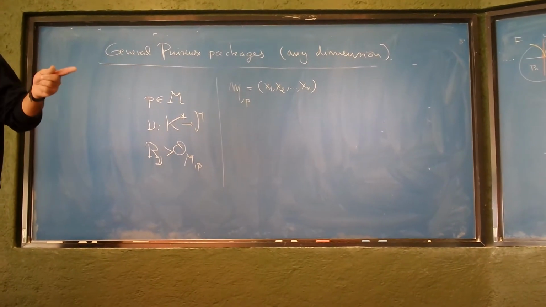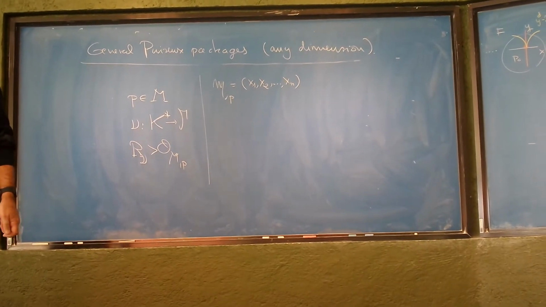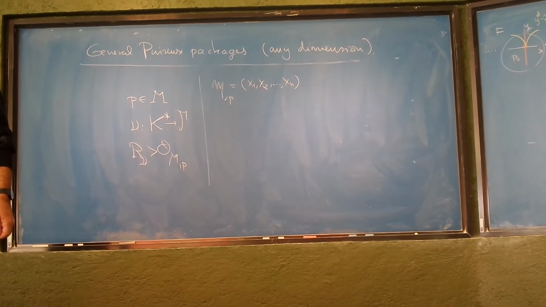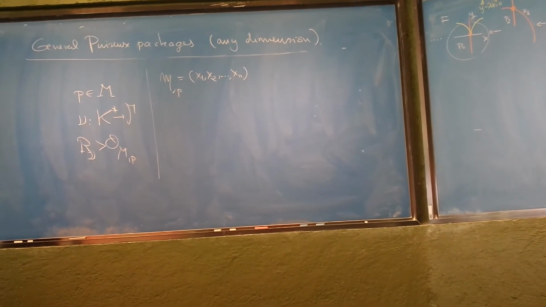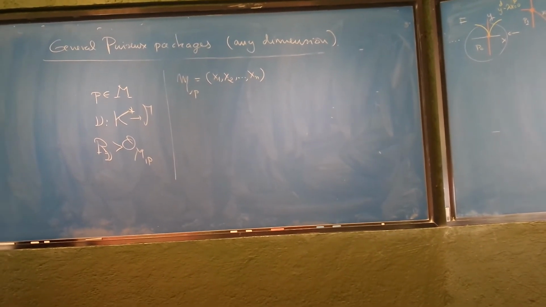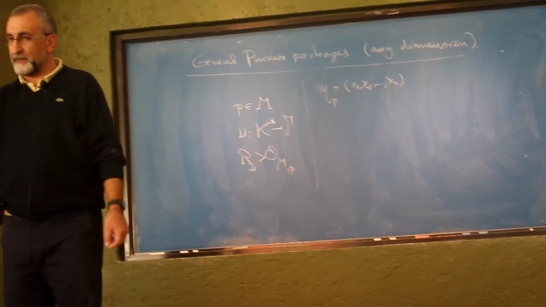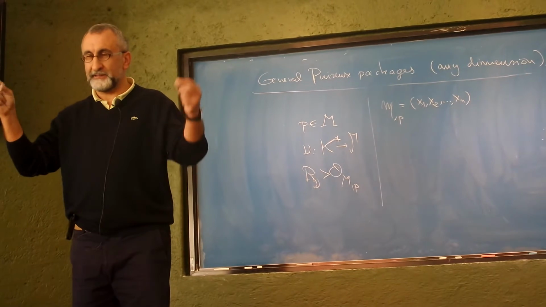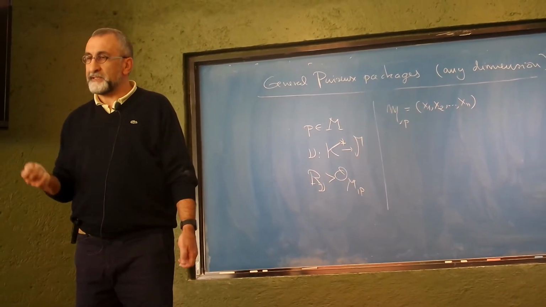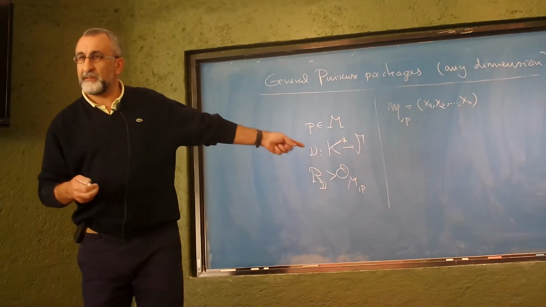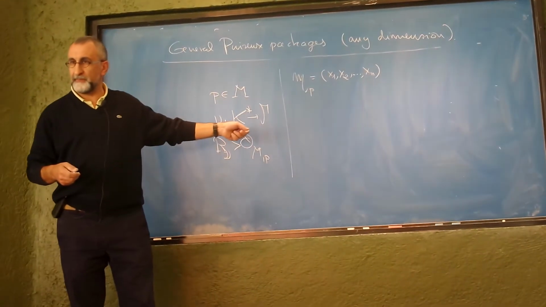And we have local coordinates, but we can choose local coordinates in many ways. And we would like to have a particular choice of local coordinates. We would like to put inside the set of local coordinates a basis for the group of the valuation.